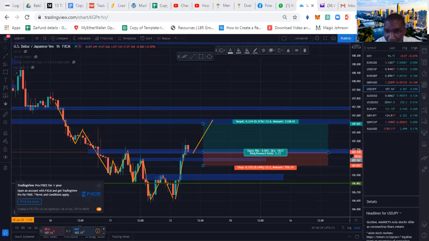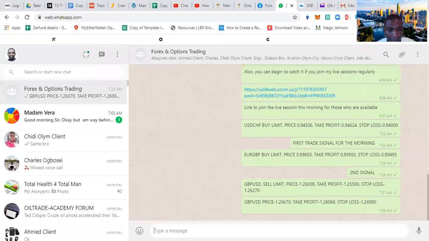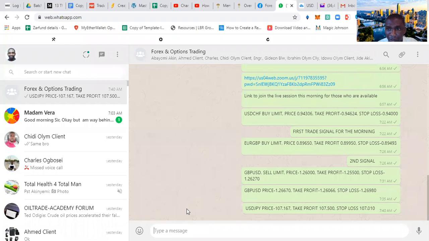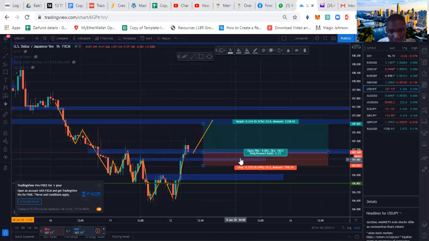Stop loss is 107.010. Okay, so that's what that is.